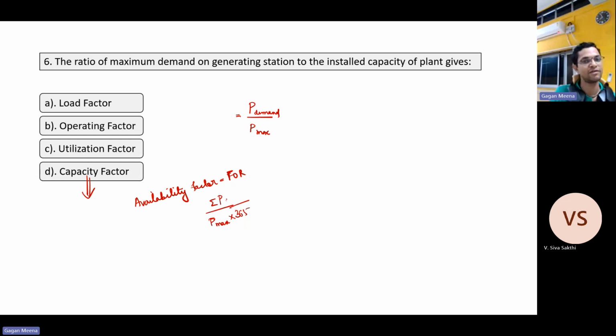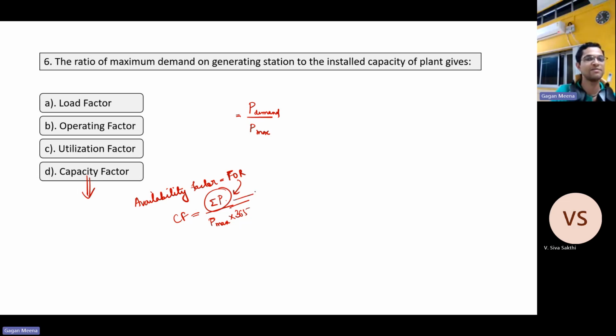For each hour, if you have power, then you can multiply by 24 also. And this will give you the capacity factor. This is considering the forced outage rate also.